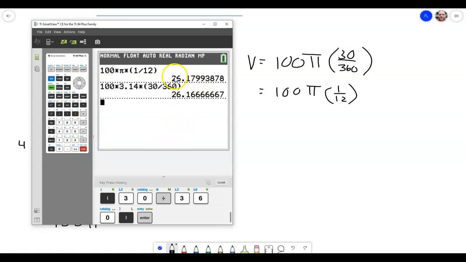If you notice, the tens place, the ones place, and the tenths place are the same, but beyond that we are not as precise.